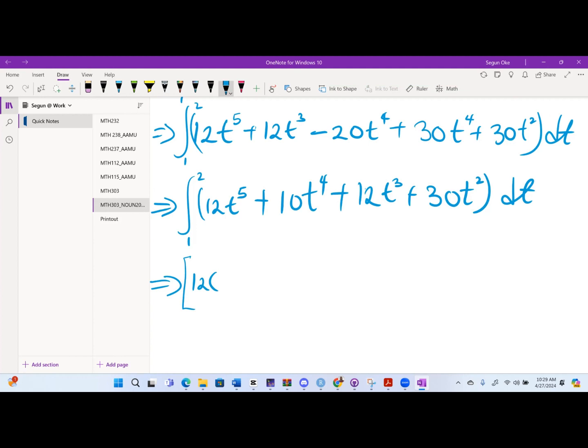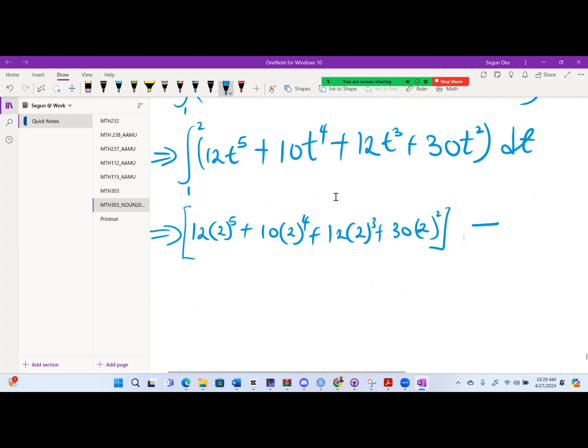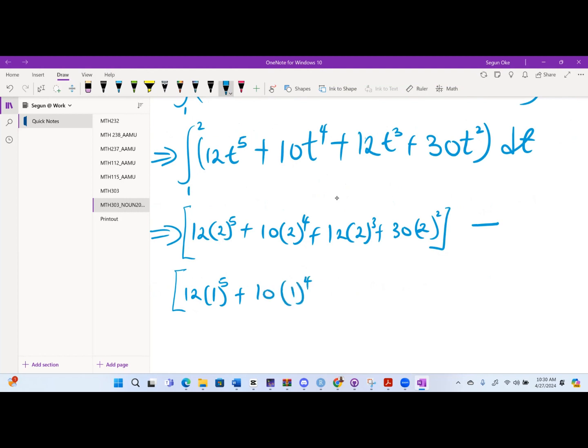So that's where you can use your calculator to make it faster. 2 raised to power 5 plus 10, 2 raised to power 4 plus 12, 2 raised to power 3 plus 30, 2 raised to power 2, minus lower limit. 2 raised to power 1 squared, 5 plus 10 plus 12 plus 30.